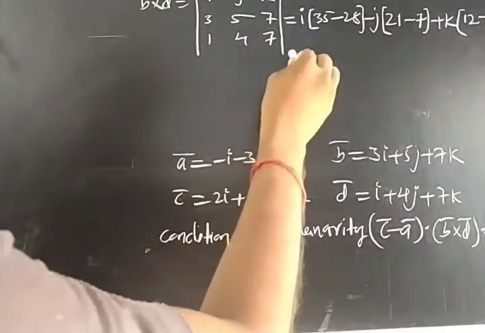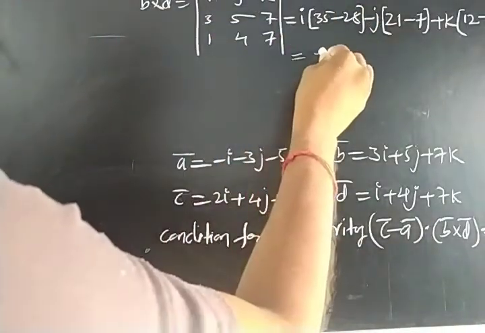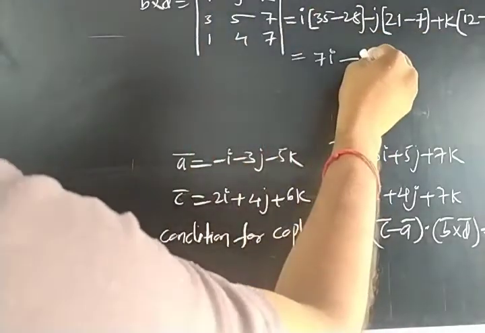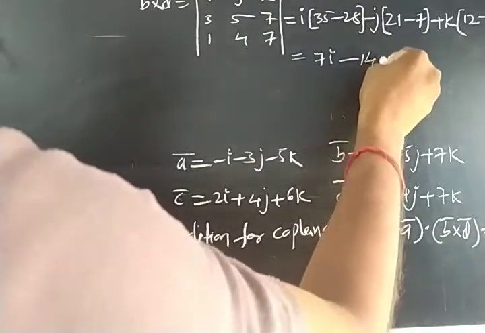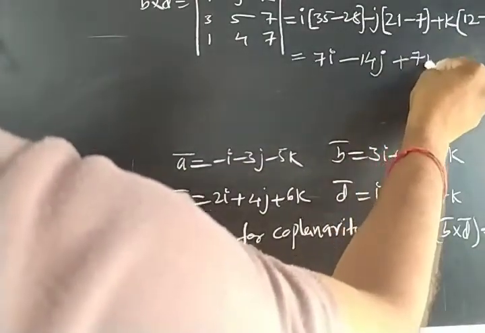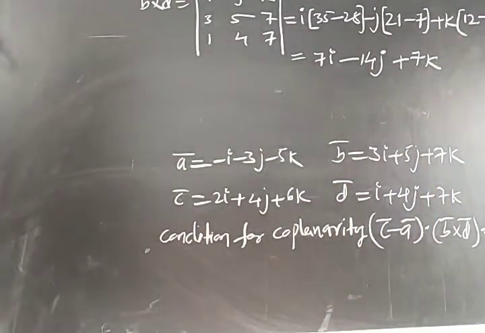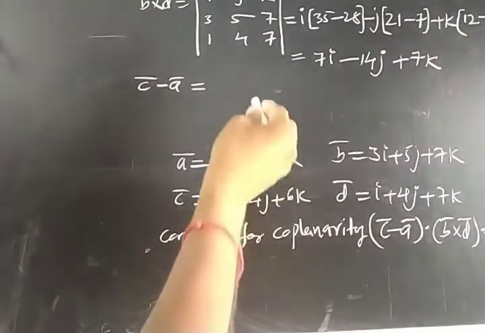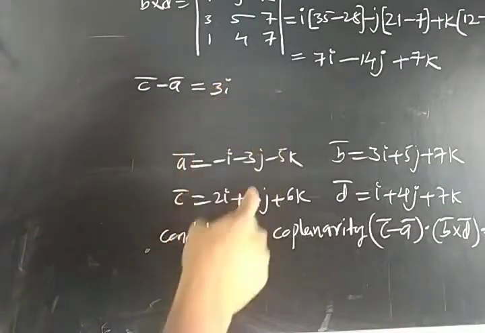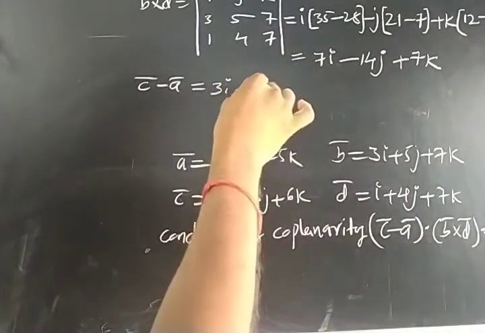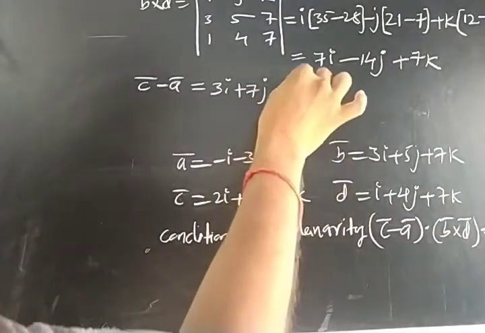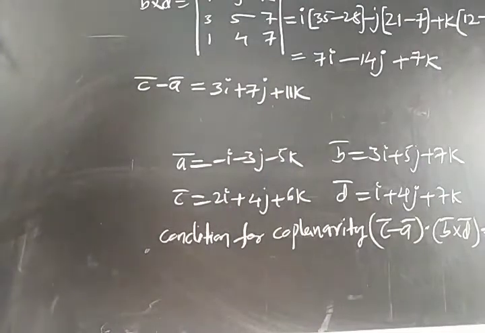So 35 minus 28 is 7i, 21 minus 7 is 14j, 12 minus 5 is 7k. This is b bar cross d bar, and I am finding the c bar minus a bar vector. C bar minus a bar: 2i minus (minus i) is 3i, 4j minus (minus 3j) is 7j, 6k minus (minus 5k) is 11k. This is c bar minus a bar.